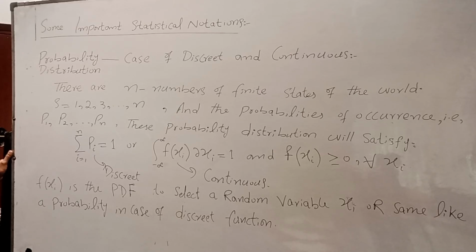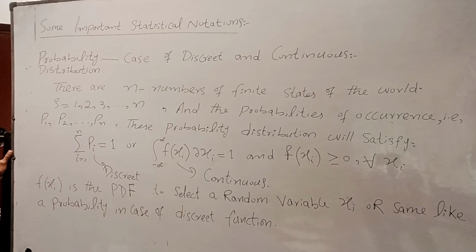And one important thing: whenever uncertainty is concerned, we have to discuss first of all the probability of selection or the realization of a lottery, or your random variables.